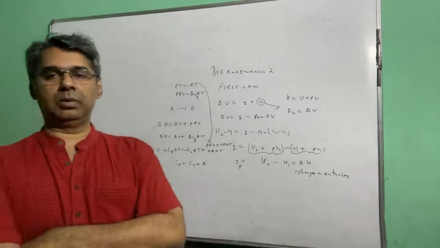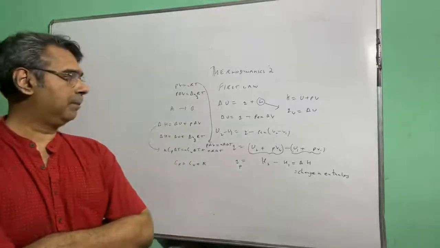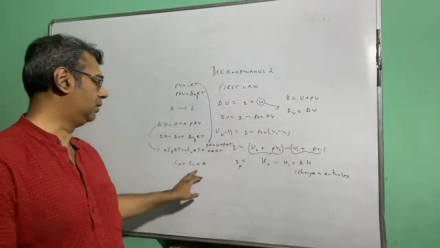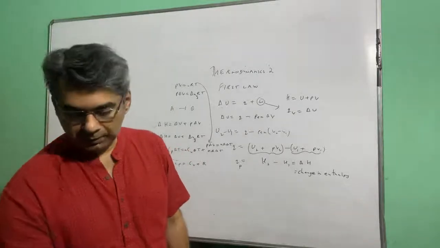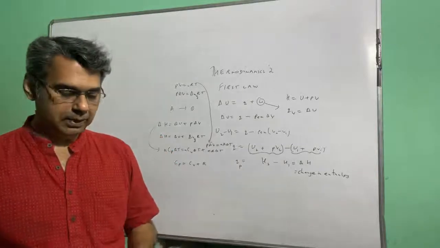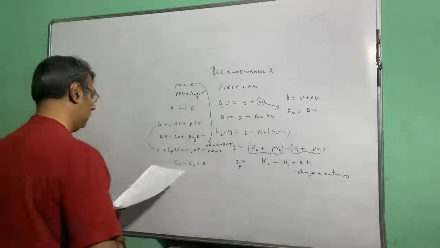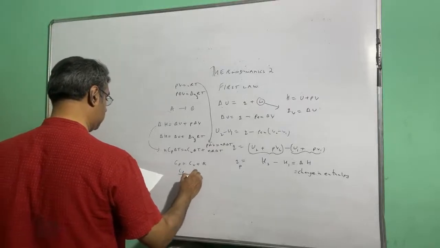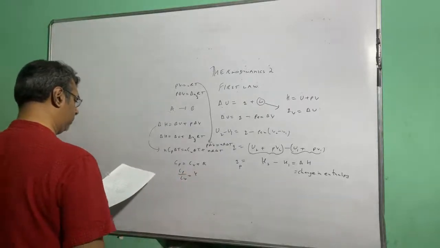So Cp is molar specific heat at constant pressure, Cv is molar specific heat at constant volume, and the relationship between them is Cp equal to Cv plus R. Now regarding this, you must remember one thing, that Cp divided by Cv is gamma.